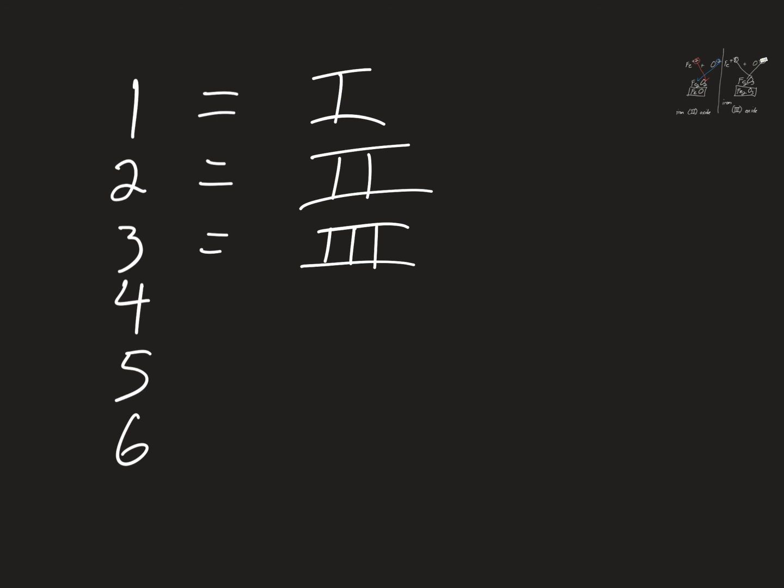Now I'm going to skip 1 for a second and tell you what 5 is, because 5 is just a capital V. And so all you got to do is type in a capital V if you need a 5. And so 4 and 6 are all determined by the fact that 1 is an I and 5 is a V. So if an I comes before a V, as it does like that, capital I, capital V, it's going to equal 4.